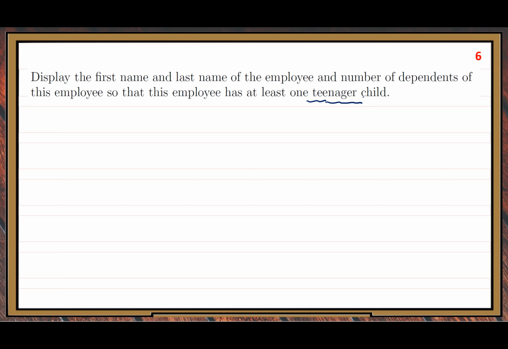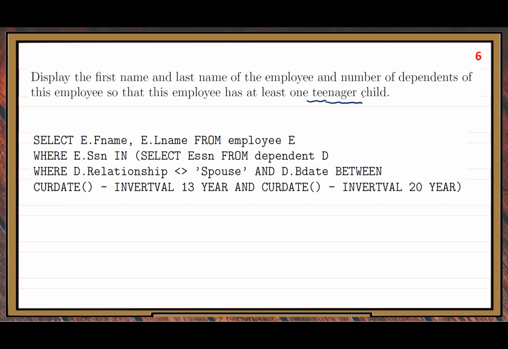The dependents are children, not spouse, so you need to exclude spouse and only consider children. Then the birth date compared with the current date gives the range for the ages. Consider those things and write the query.